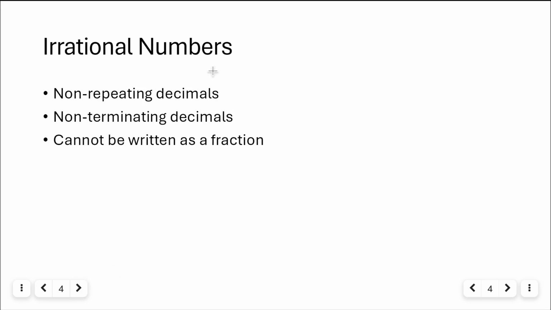Irrational numbers are non-repeating decimals, so decimals that go on. They're just kind of random, and then they don't stop. Non-terminating decimals. All right.